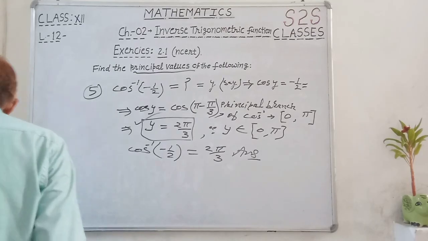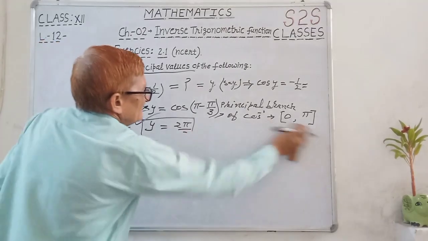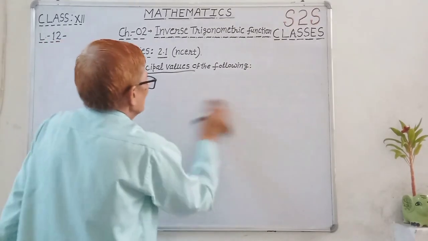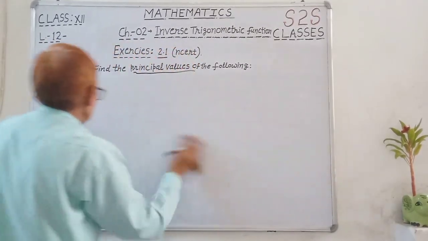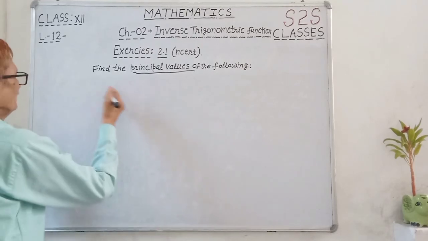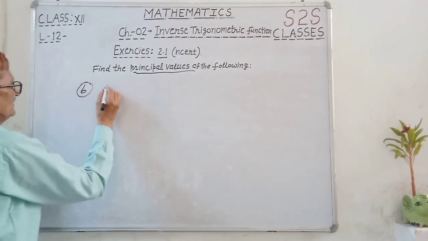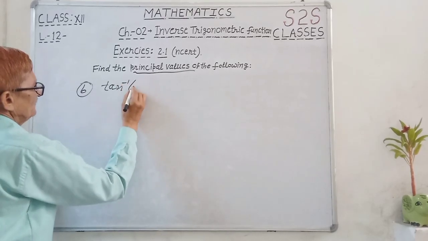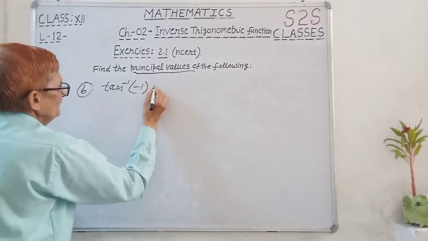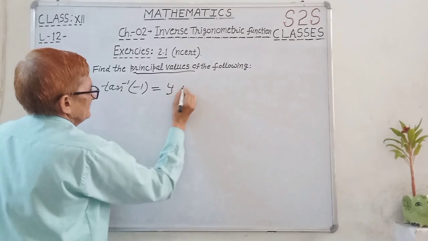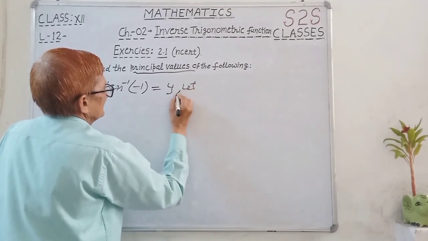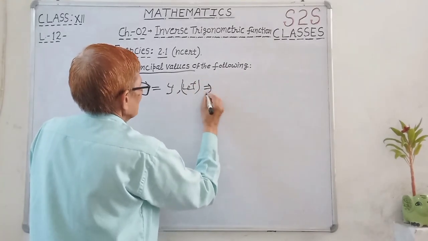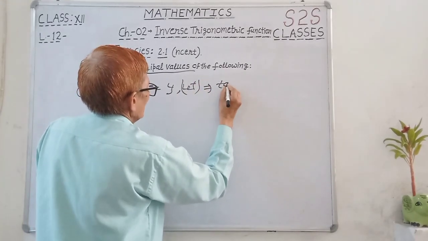Next is tan inverse of minus 1. Say it is y. This implies tan y is equal to minus 1.